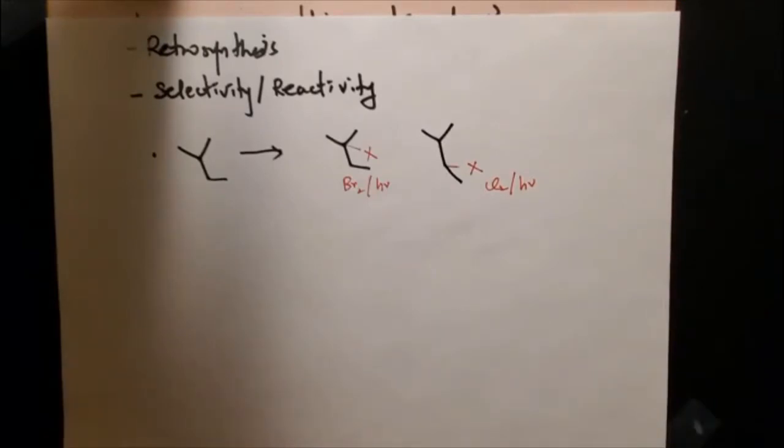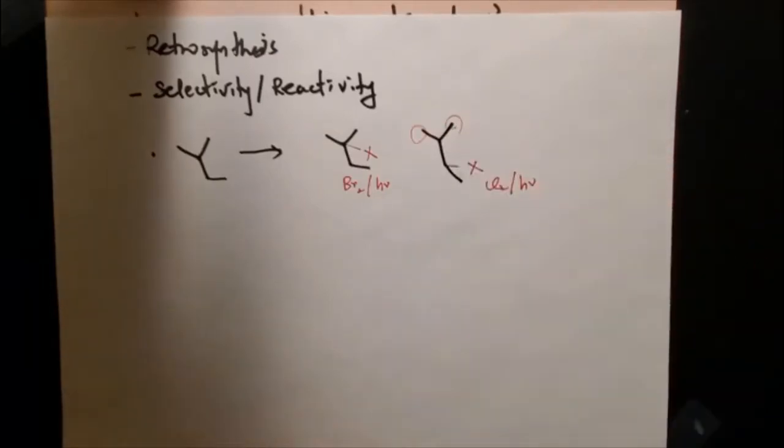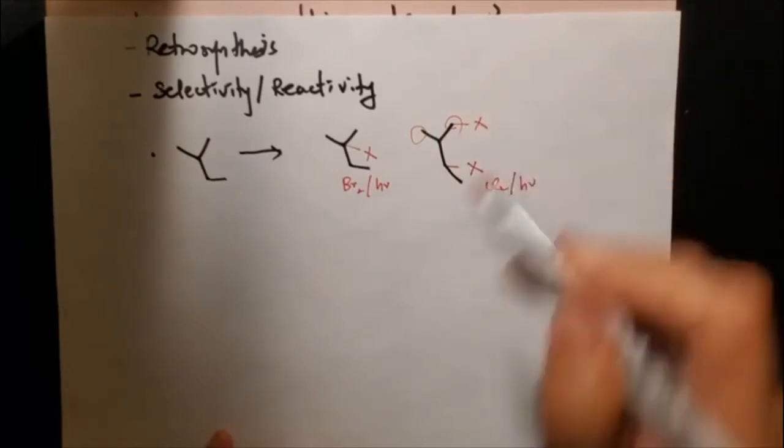If you don't like it, you go to elimination, make a double bond, then go anti-Markovnikov addition if the number of hydrogens versus the reactivity of the halogen doesn't work out for you. In this case, it doesn't work out. It works for the primary. So chlorine will eventually go to the primary, I guess.